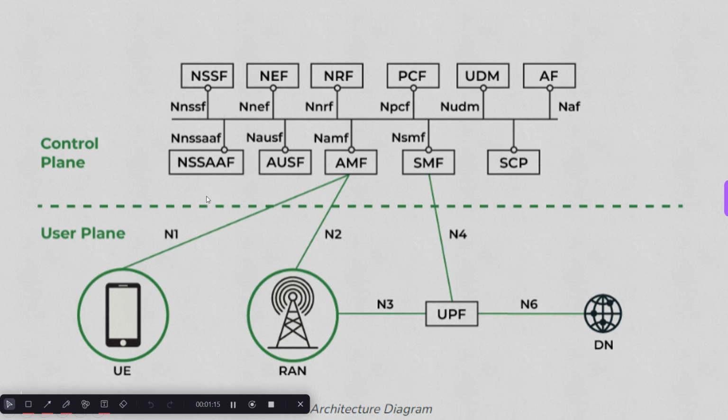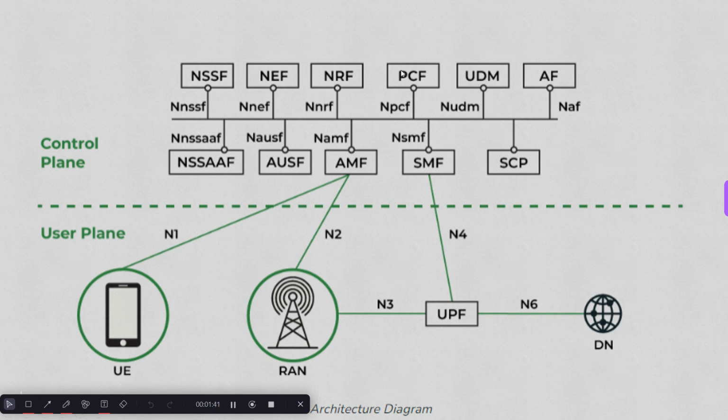Then come the control plane functions. The first one is AMF, which is the access and mobility management function. Then comes SMF, the session management function. Then AUSF, the authentication server function. These functions are very important at the entry level.